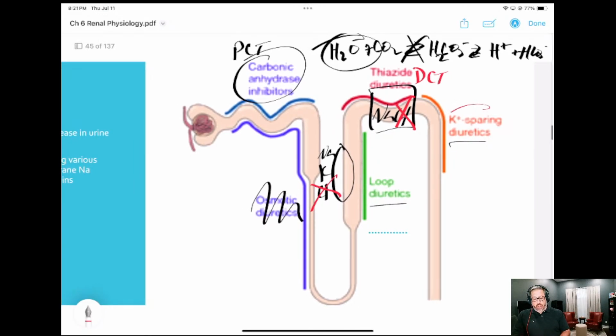The potassium sparing diuretics work in the late distal convoluted tubule, more in the collecting duct. This area is under the effect of aldosterone. So when we talk about potassium sparing diuretics, what they're doing is blocking aldosterone. They are aldosterone antagonists. Remember the effect of aldosterone: sodium in, potassium out into the urine.